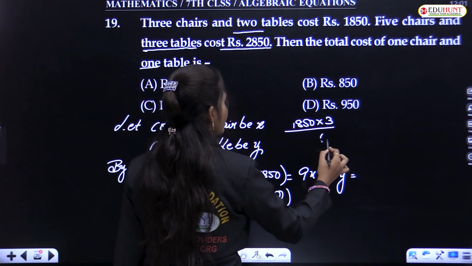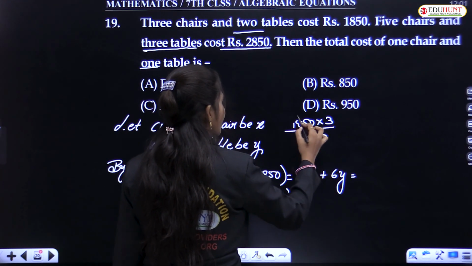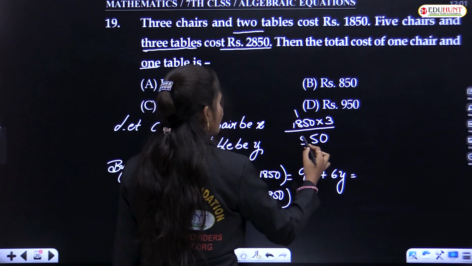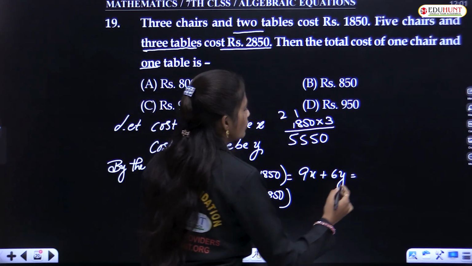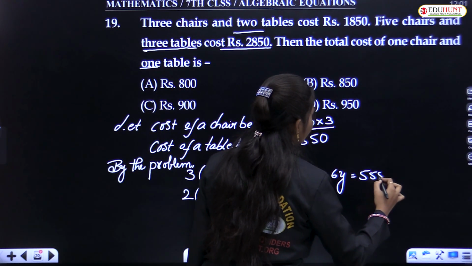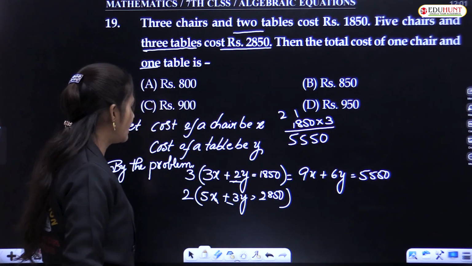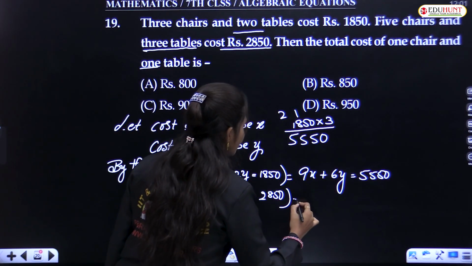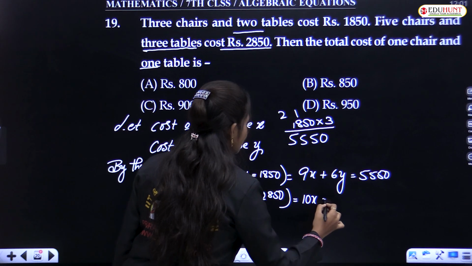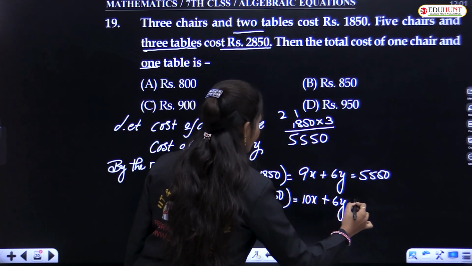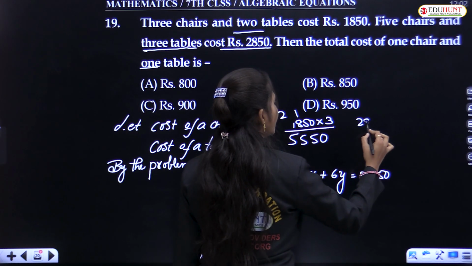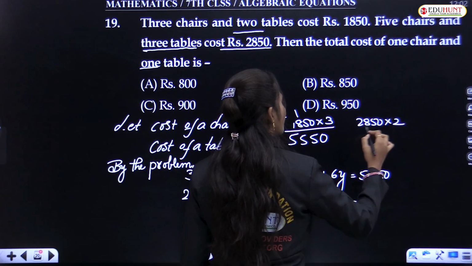That is 5550. Now here 2 times 5, 10x, plus 2 times 3, 6y, which is equal to 2850 into 2.